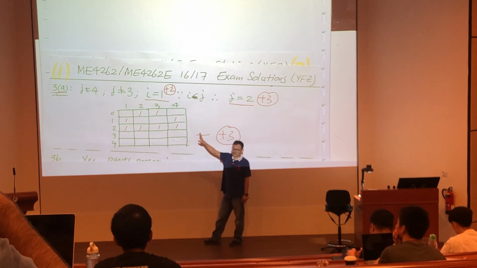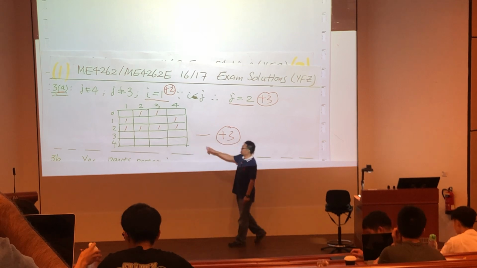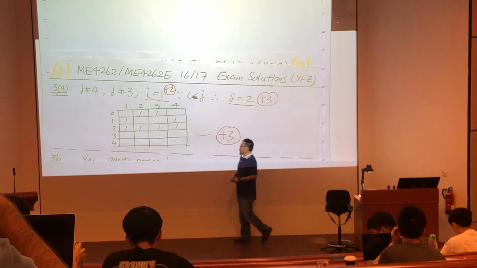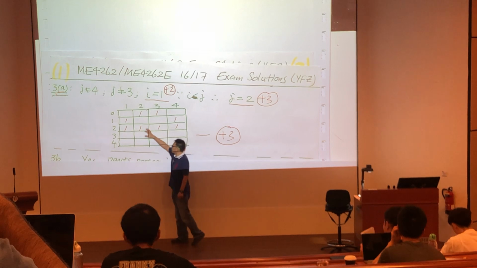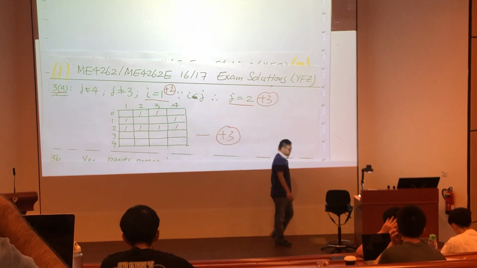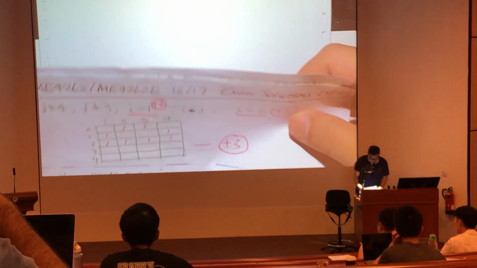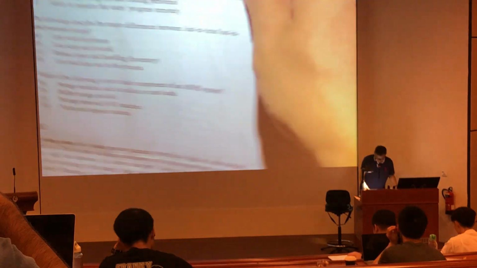So the dimension is 5 by 4. Okay, that's the matrix. And then basically the entries, you just base on all the 6 members. Indicate that. So that's 3A.